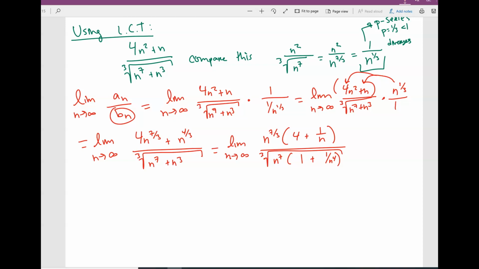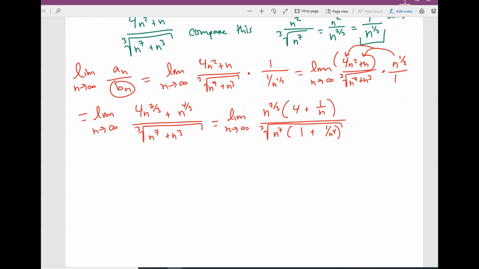And now notice what happens. You're going to have the limit as n goes to infinity of n to the 7/3 times 4 plus 1 over n. On the bottom part, I can break this up as the cubed root of n to the 7th, then the cubed root of 1 plus 1 over n to the 4th.